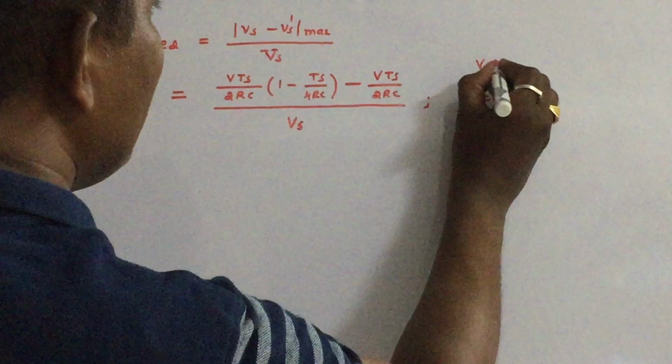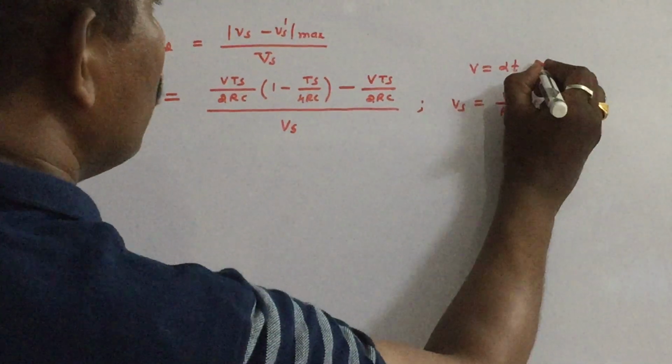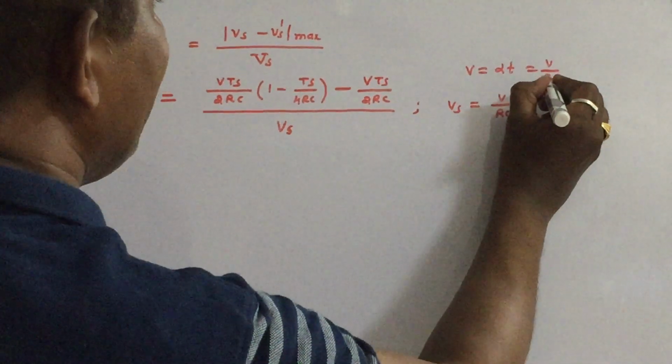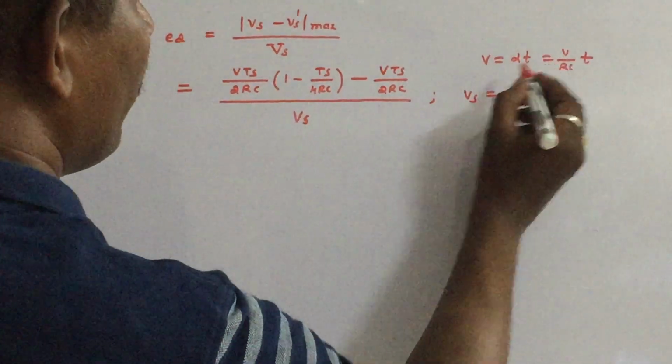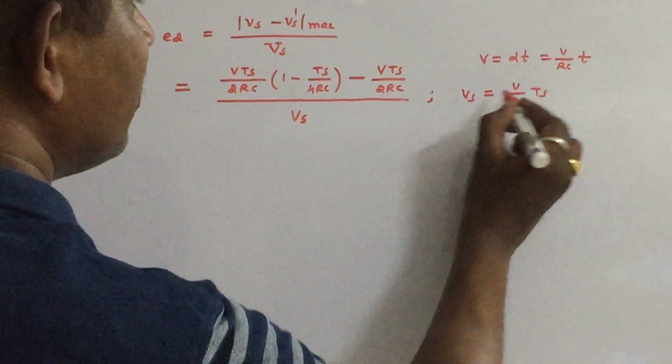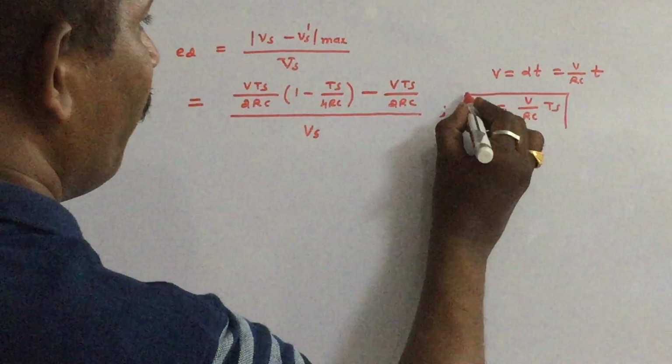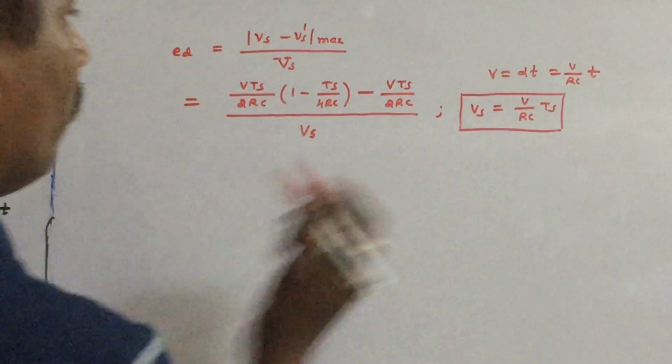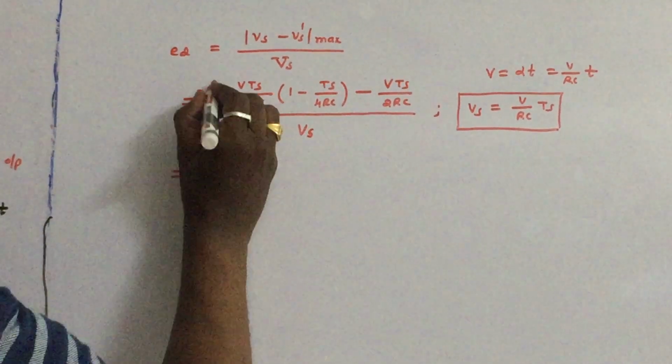Because what is V? The linear graph equation is alpha t, so that is V by RC into t. Therefore at t equal to Ts, Vs is V by RC into Ts in the denominator. So let us substitute these things and take the magnitude.